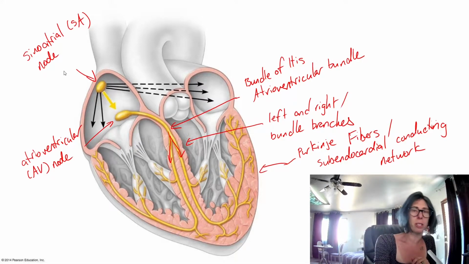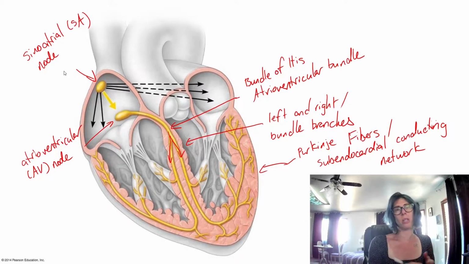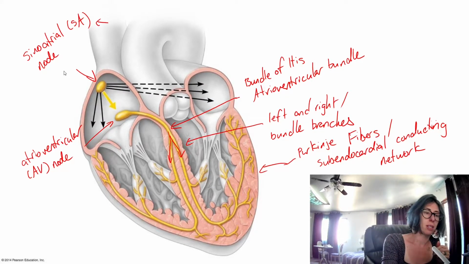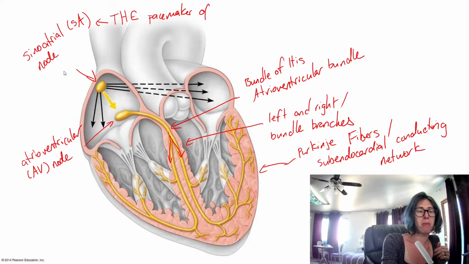The action potential always starts in the Sinoatrial node. The Sinoatrial node in a healthy heart sets the pace, the pacemaker of the heart.